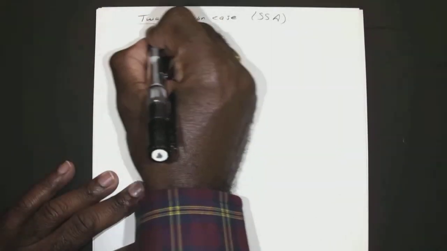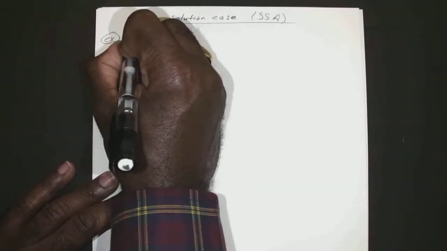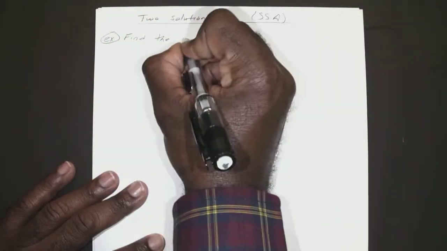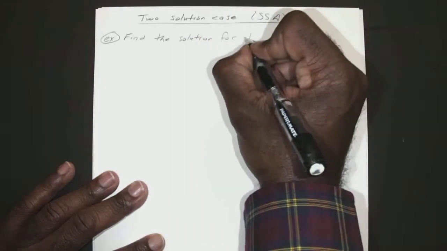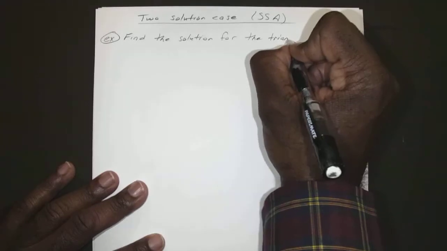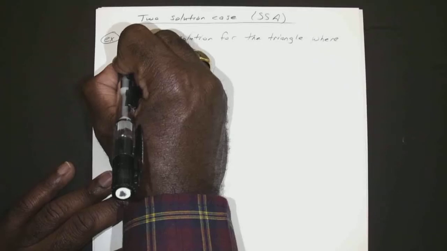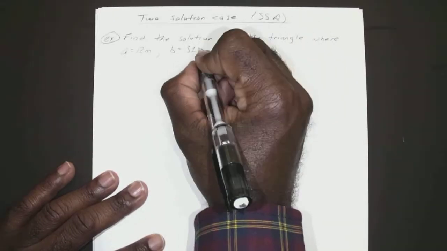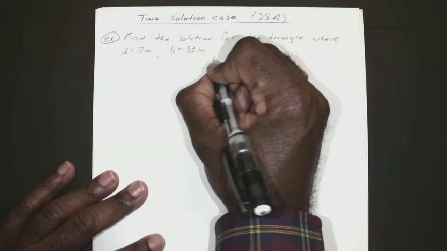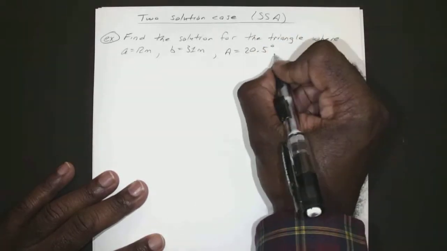Let's say, for example, find the solution for the triangle where A is equal to 12 meters. Say side B is equal to 31 meters. And let's say angle A is equal to 20.5 degrees.